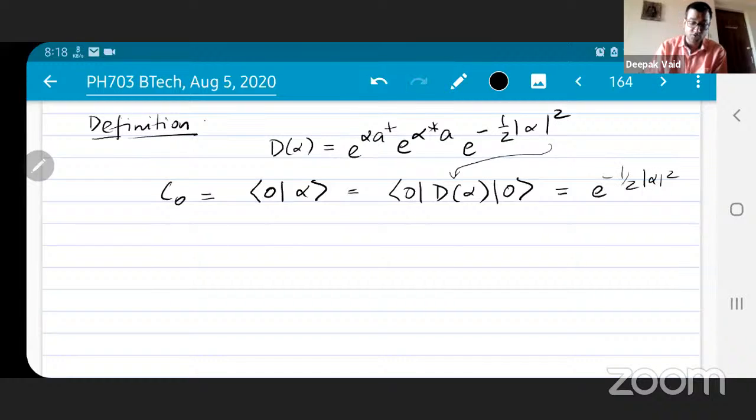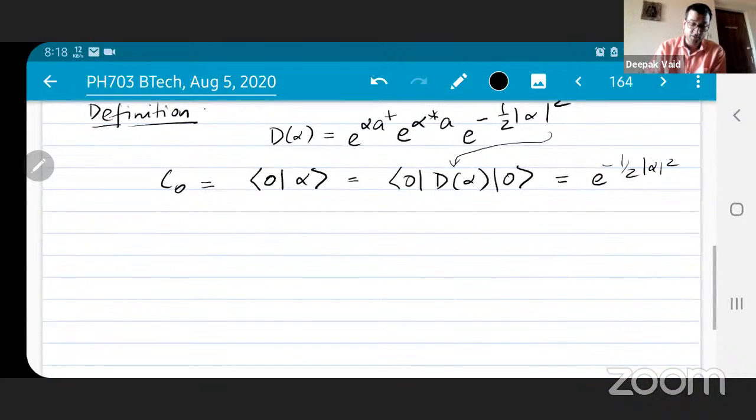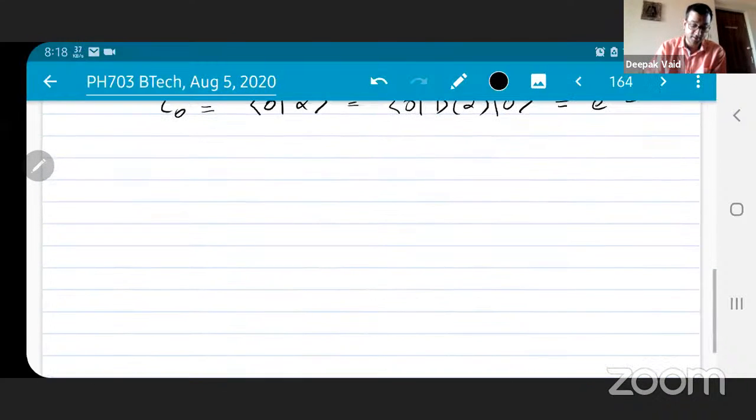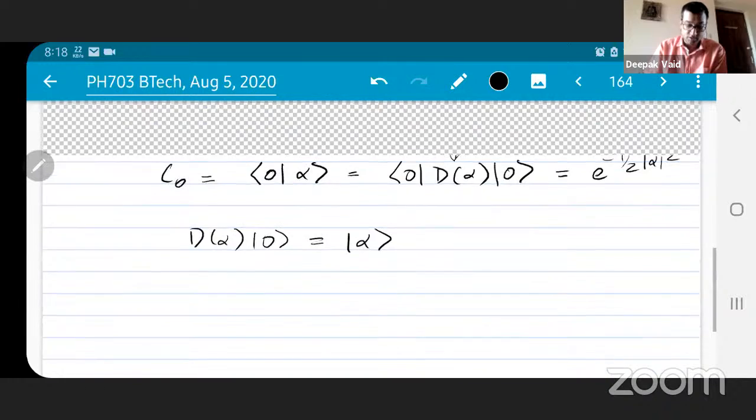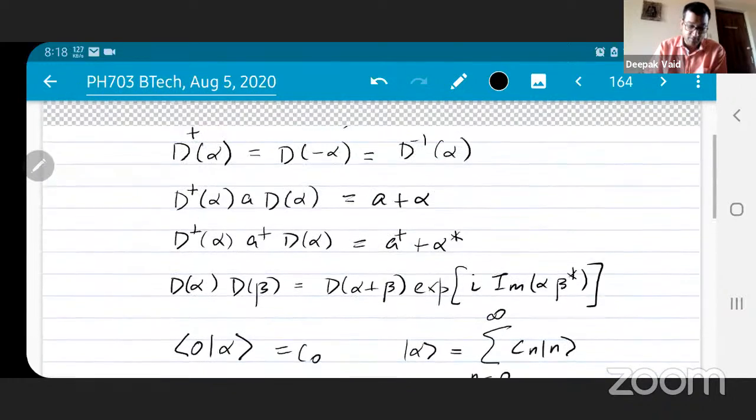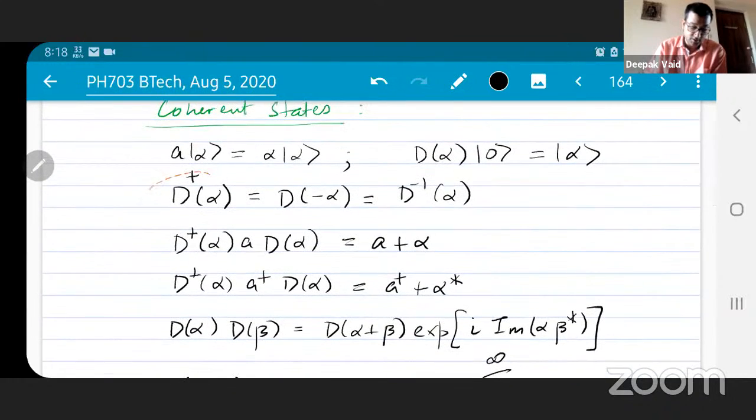Okay. So of course, all of this depends on the fact that d alpha acting on 0 is actually equal to alpha. So first we have to make sure that this is indeed the case. Okay. All right. So now we have established these properties, right?